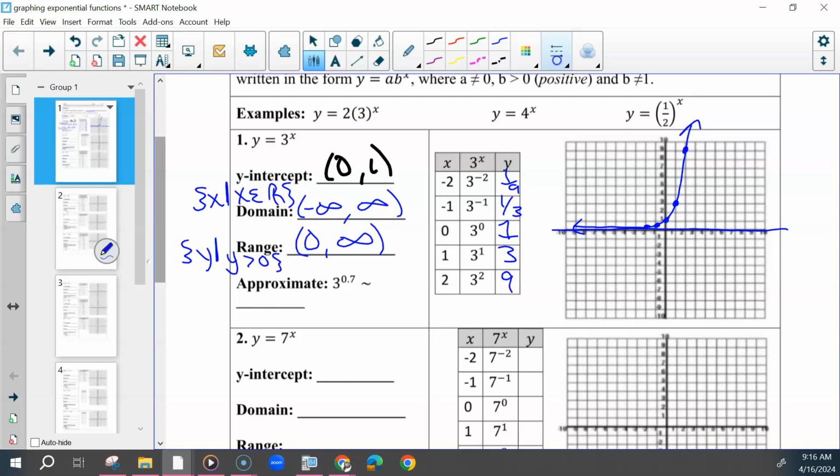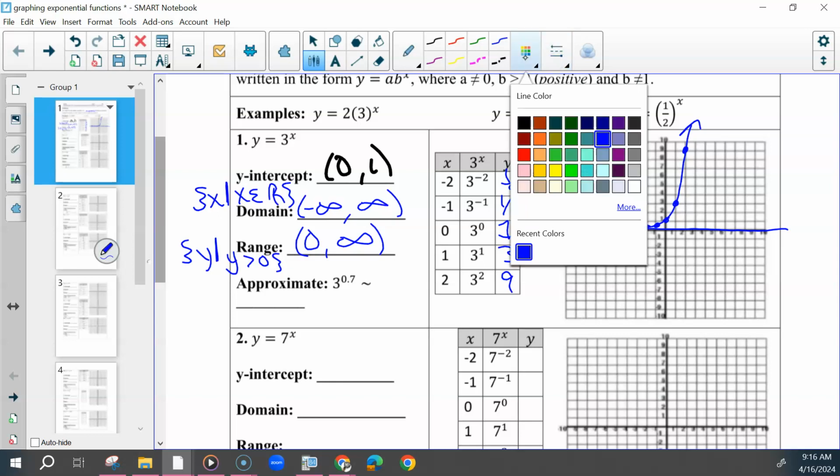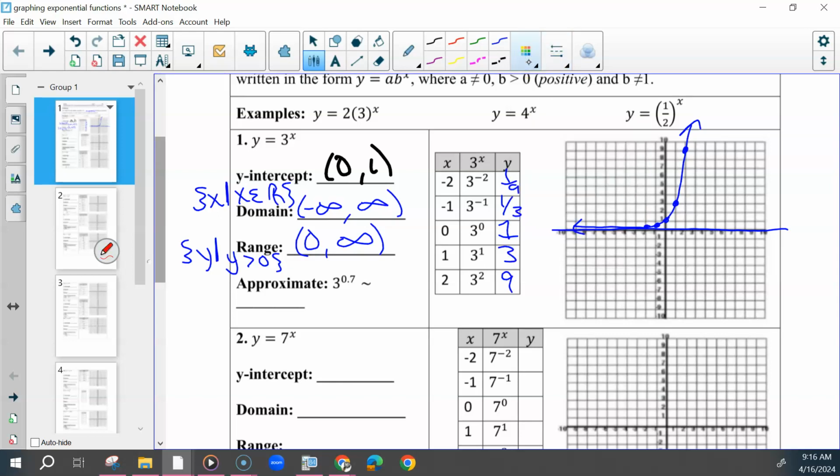Okay. This next part is really to see, can you approximate this from the graph or from the table, but then actually figure it out as well. So if I had 0.7, that would be about right there. My graph is not accurately drawn because my points might be a little off.